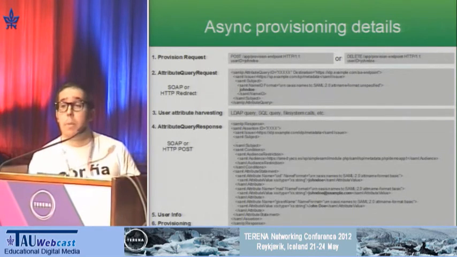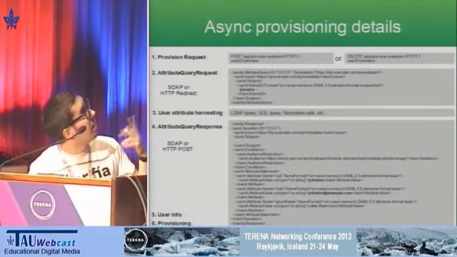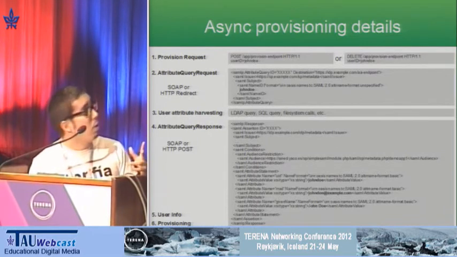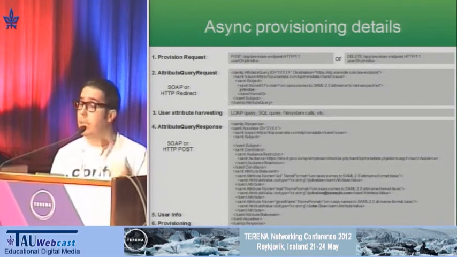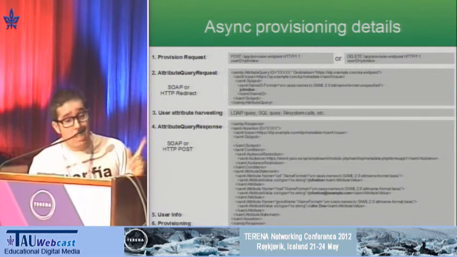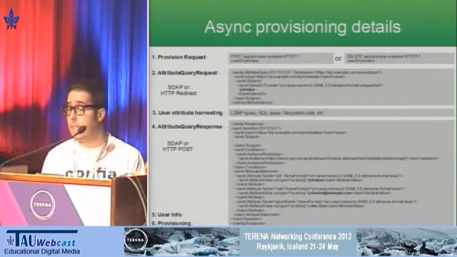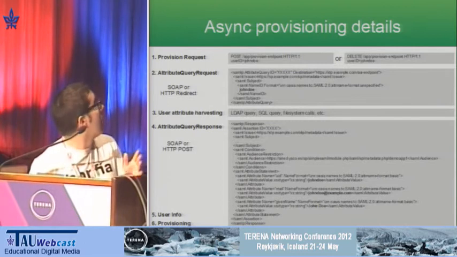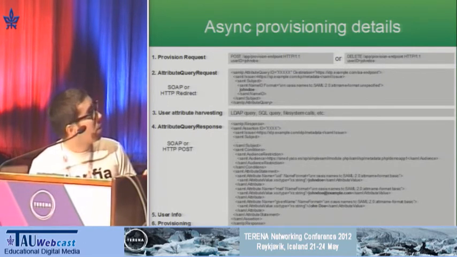If you want to see more details of this communication, in the first case we are doing an HTTP POST or DELETE, depending on whether we want to provision or deprovision the user. Then the attribute query you can do with SOAP or HTTP redirect, but the spec says you should use SOAP.